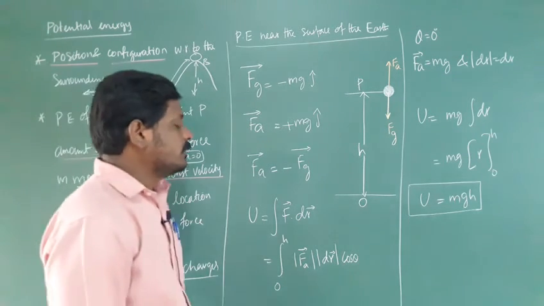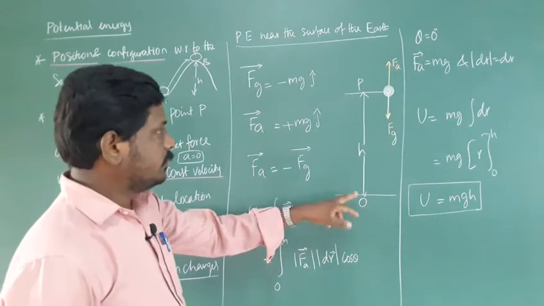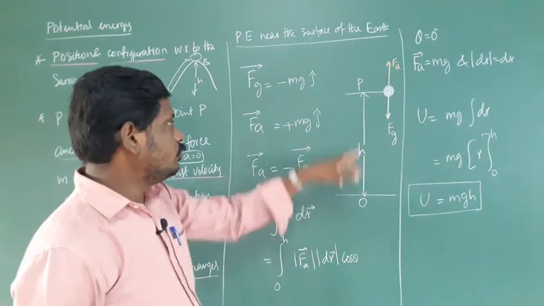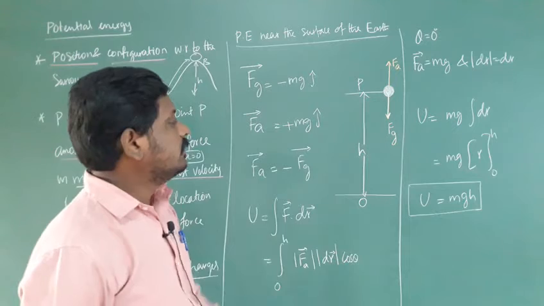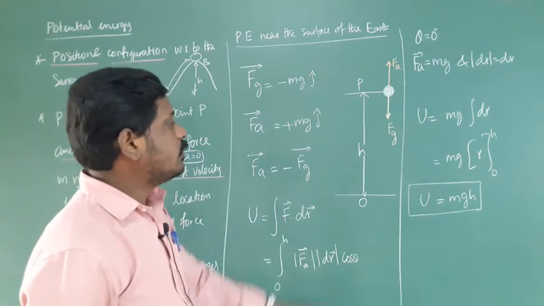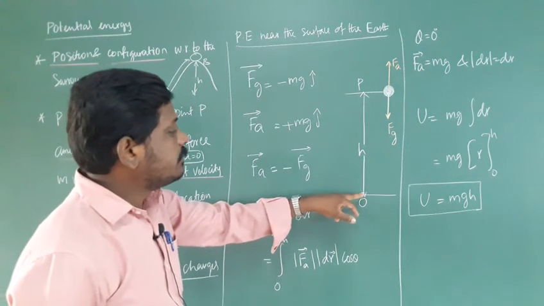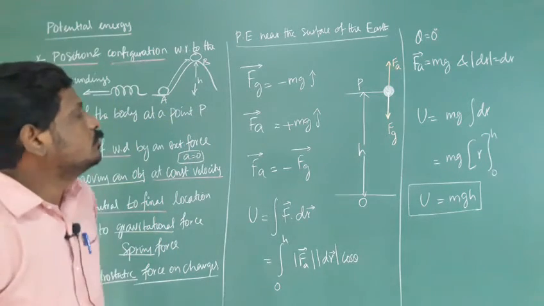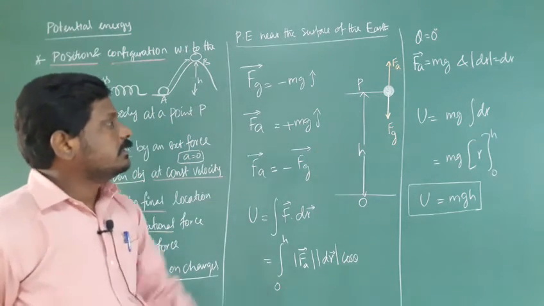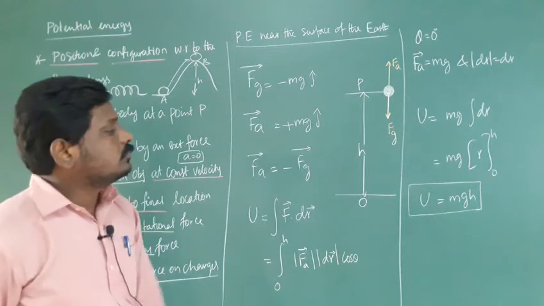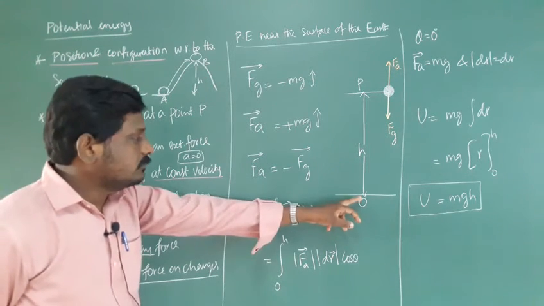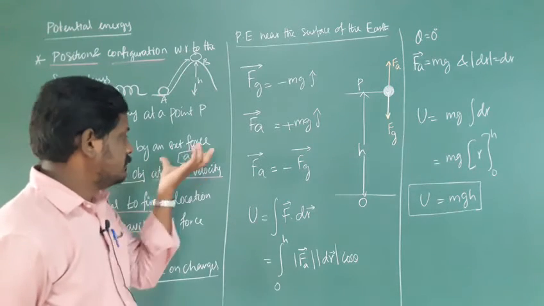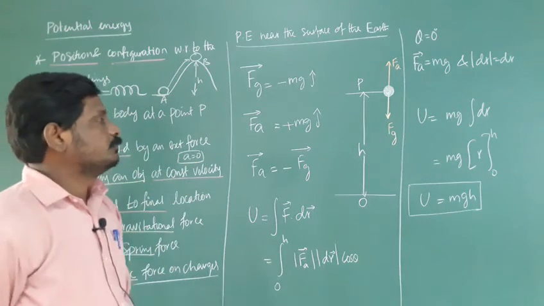Here consider an object of mass M. It is lifted from O to B, that is initial to final. We are applying some force, so some work is done. Gravitational potential energy U at a point P is the amount of work required to move an object from O to P with constant velocity, so acceleration is 0.